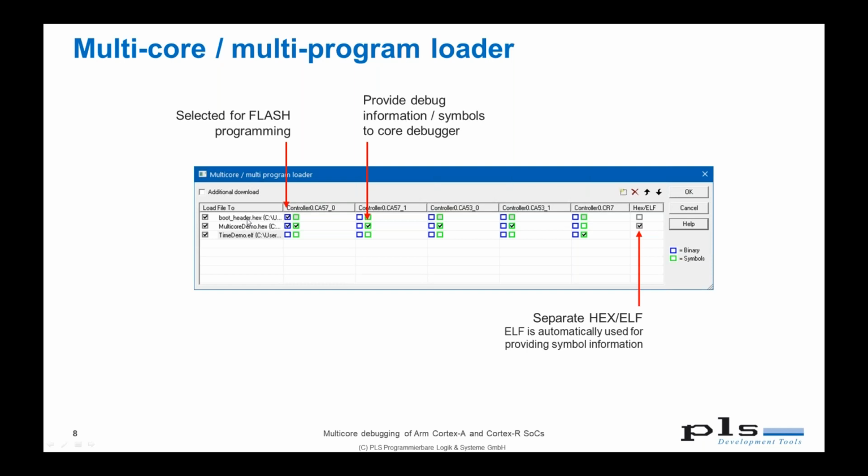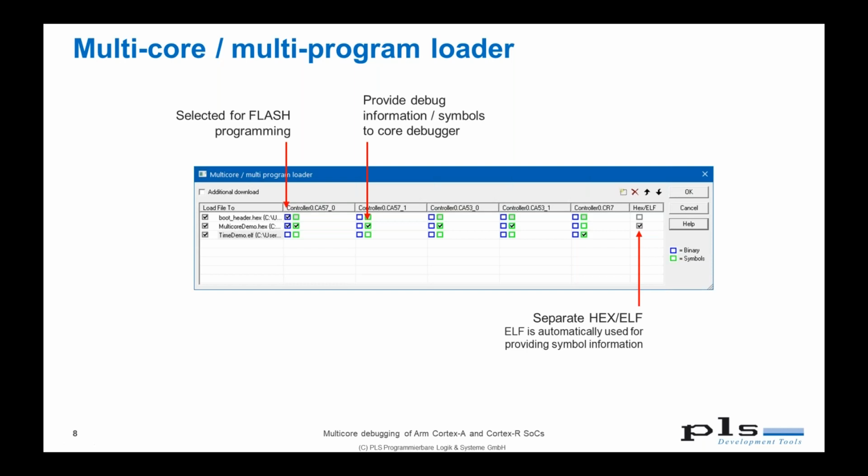The first binary is the boot header located into the RAM, and the second is the Multicore demo binary, which is flashed to the external flash memory. And then we provide also an ELF file for the R7 application part, which only provides the debug information. The binary for this application is part of the Multicore demo hex file.